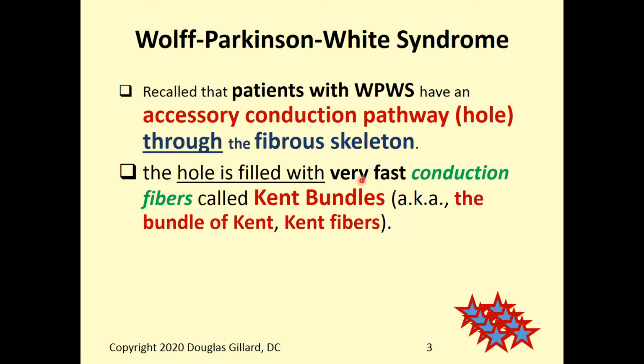Those fibers were discovered by Kent, and therefore they're called the bundle of Kent, or Kent's fibers. Wolff-Parkinson-White syndrome, accessory conduction pathway system, Kent's fibers, and delta wave should all be memorized. We'll get to delta wave.